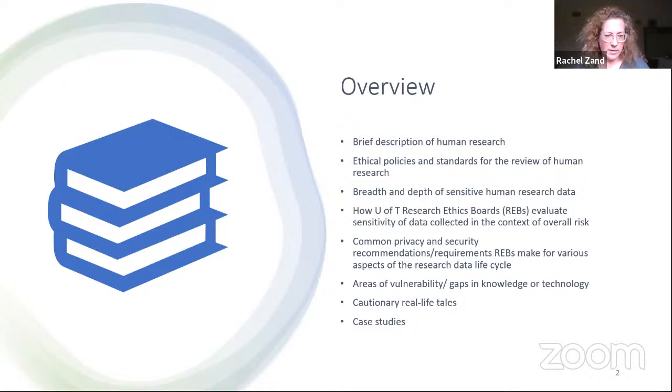I'll acknowledge that there are areas of vulnerability or gaps in terms of REB knowledge as well as technology. I'm going to intersperse some cautionary real-life tales, and after some question and answer, we can dive into 3 case studies.